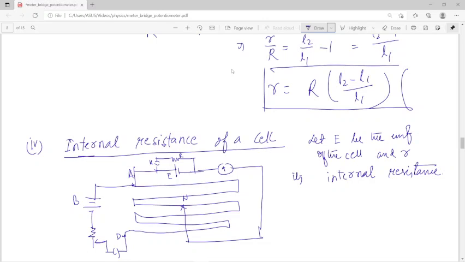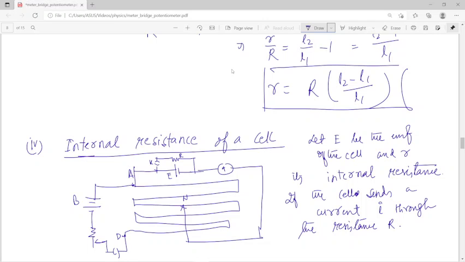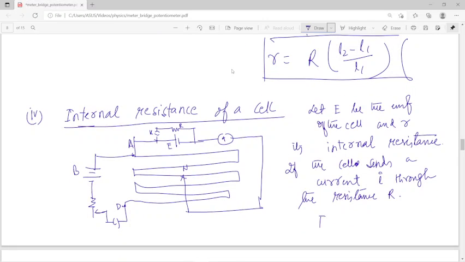If the cell sends a current I through the resistance, that is capital R, then by using Ohm's law we get E is equal to I R plus I r.